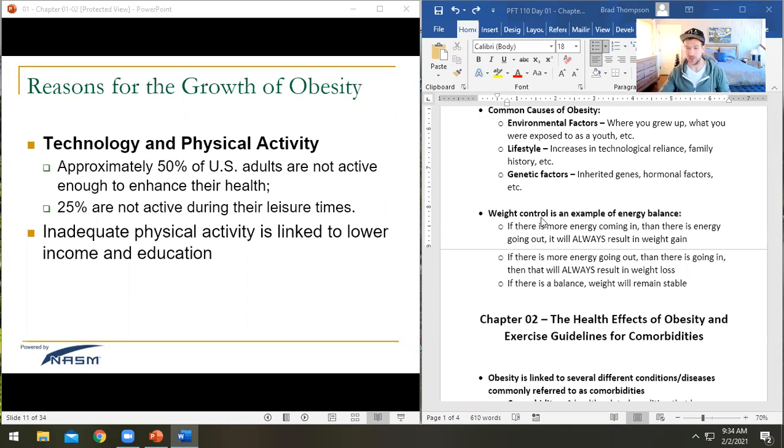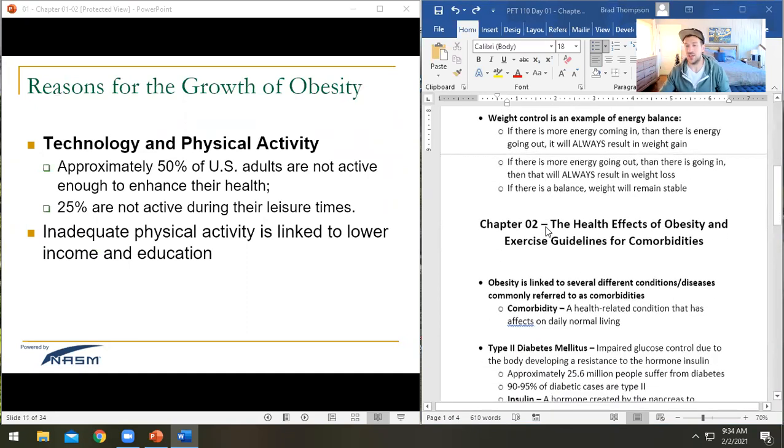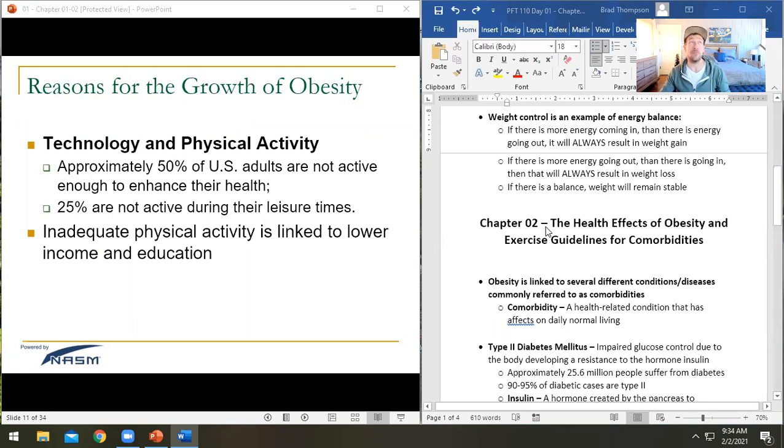Technology and physical activity, right? We live in an awesome, amazing, convenient world. I mean, we're trying to get hyperloops that are going to carry us from San Francisco to LA in like 20 minutes. It's amazing the technology that we have available to us, but it does not exactly make us active, right? 50% of the US are not as active as they're supposed to be.